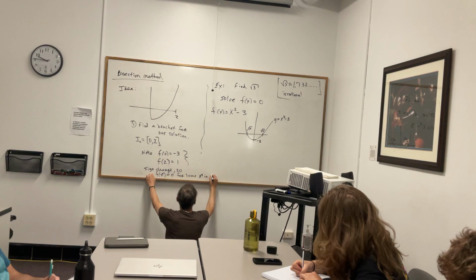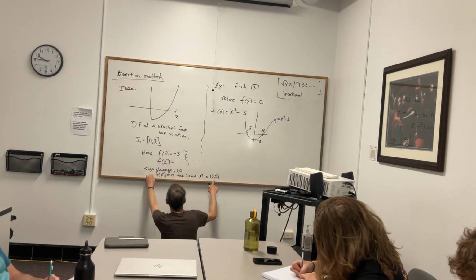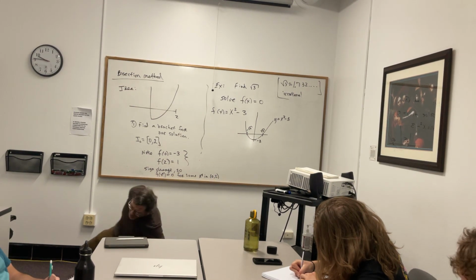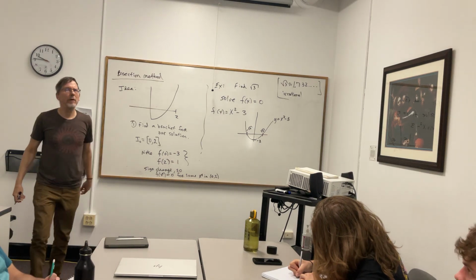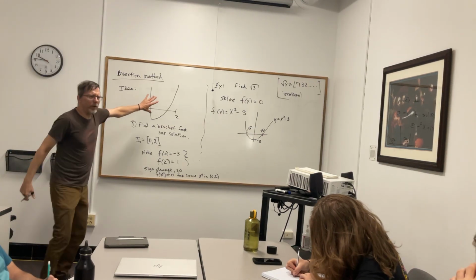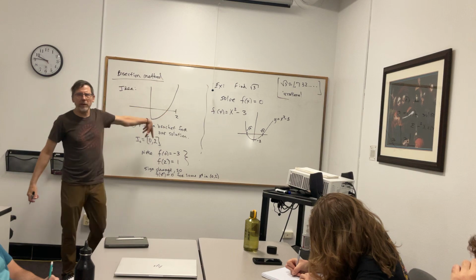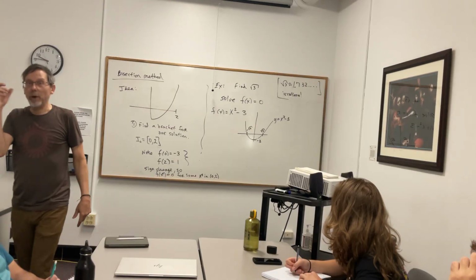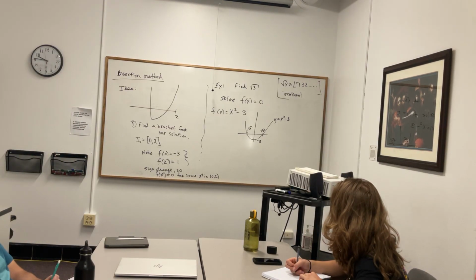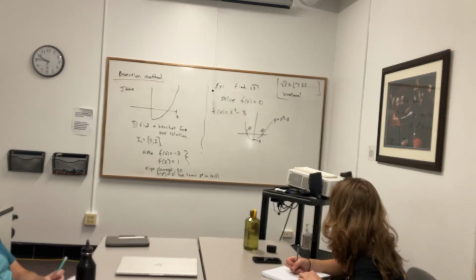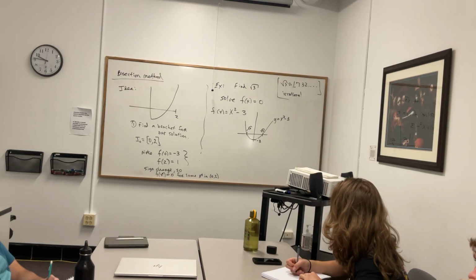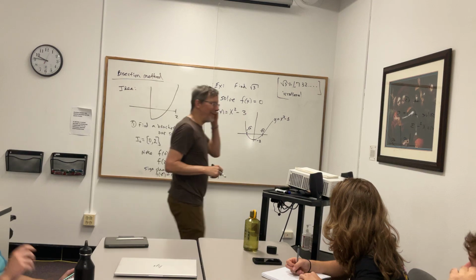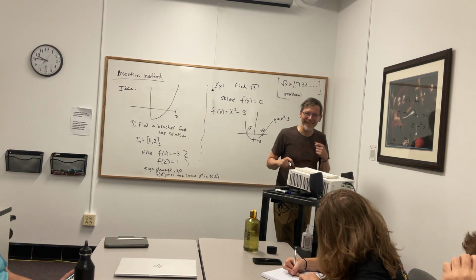So somebody help me out here. How do I know that? Besides looking at the picture, what tells me that? And what assumptions do I need to make? Yeah, Ava. Because one of them is negative and one is positive, so we know that it changes at some point. What can you think of as the calc result?